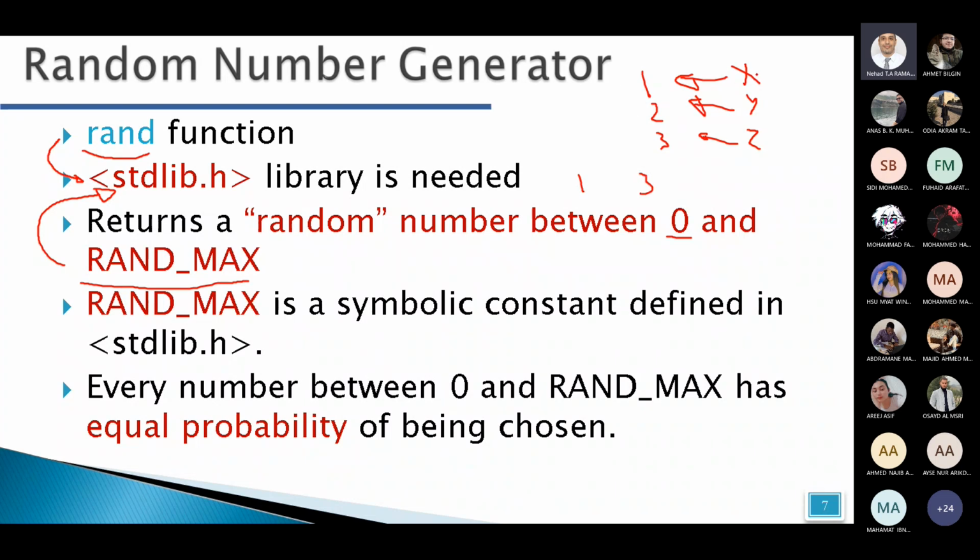If you get 1, you consider it as X. If you get 2, consider it as Y. If you get 3, consider it as Z. So you can use this random function to generate a random number, and you can connect it to specific characters if you want to generate characters. Anyway, the function generates only numbers, okay?